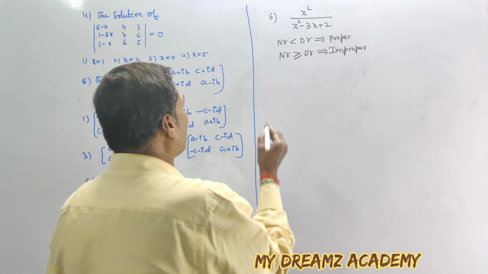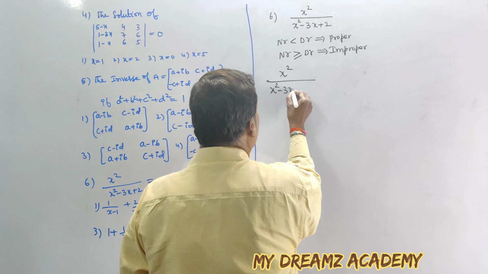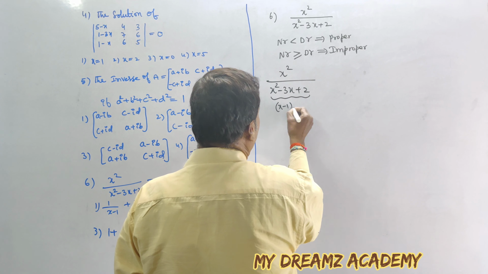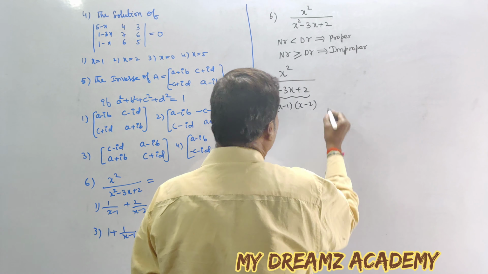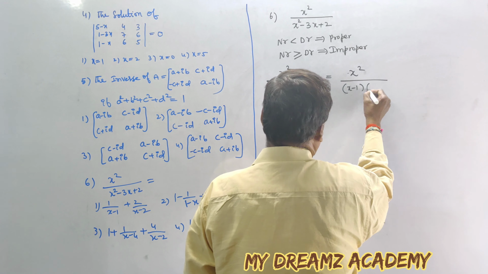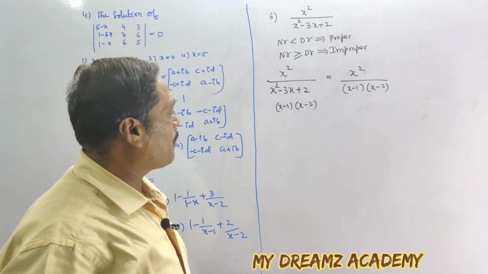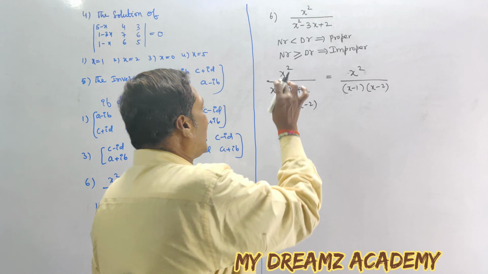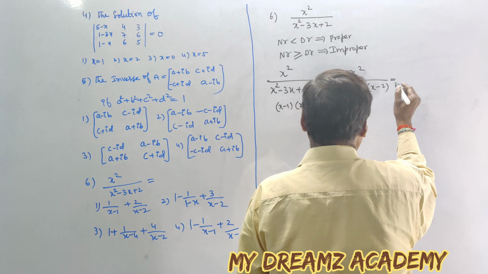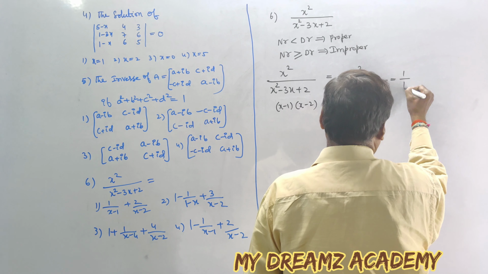Whenever it is an improper fraction, first of all, x square by x square minus 3x plus 2, the denominator factors, if I write this, are x minus 1 into x minus 2. Therefore, this can be written as x square by (x minus 1)(x minus 2). In the improper fraction, if numerator and denominator powers are equal, then you have to write the ratio of the coefficients first: x square coefficient in the numerator, x square coefficient in the denominator, 1 by 1.